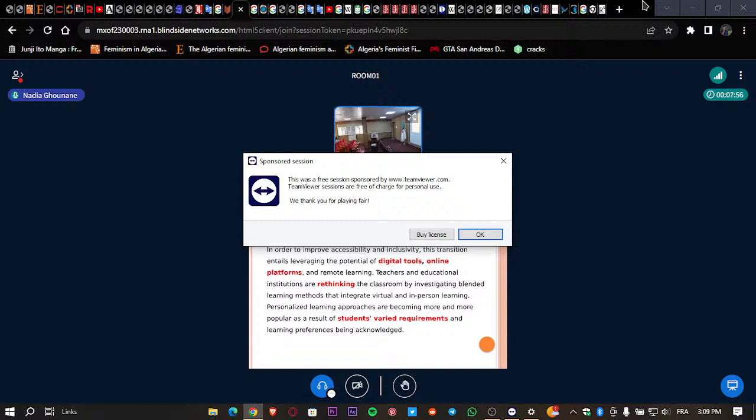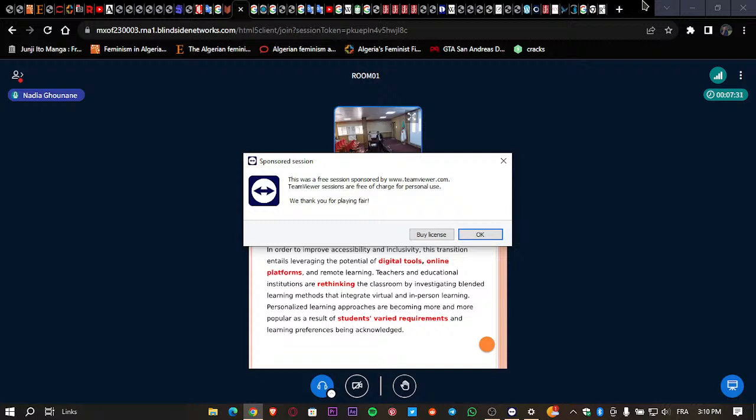The transition from crisis to opportunity in the post-COVID era necessitates a thorough evolution of teaching and learning paradigms. This shift requires making the most of the possibilities presented by digital tools, online platforms, and remote learning in order to increase accessibility and diversity.